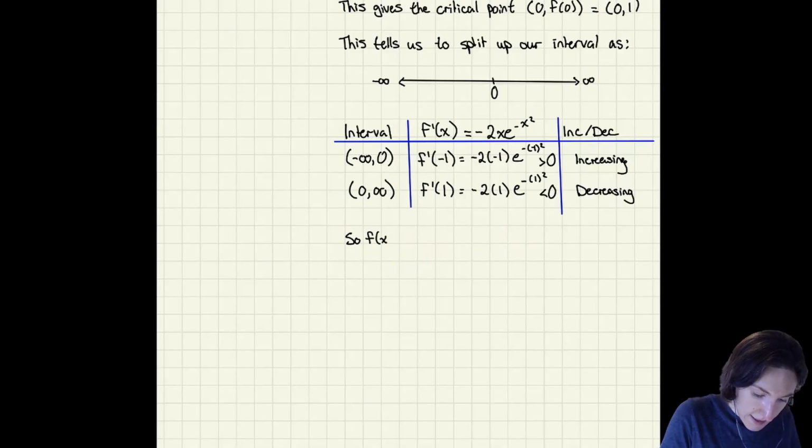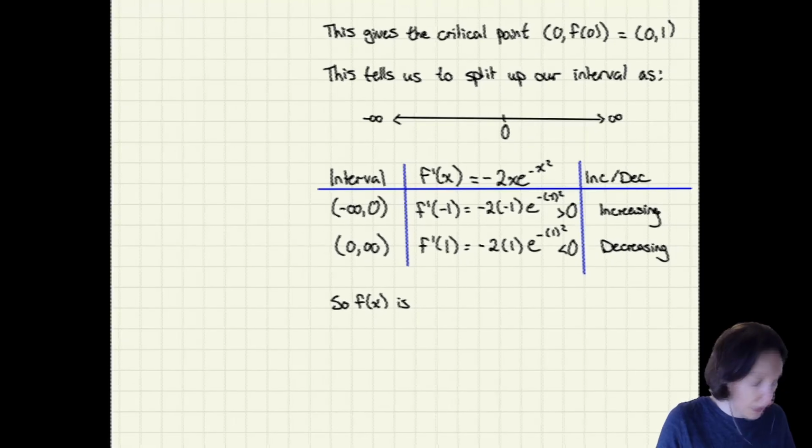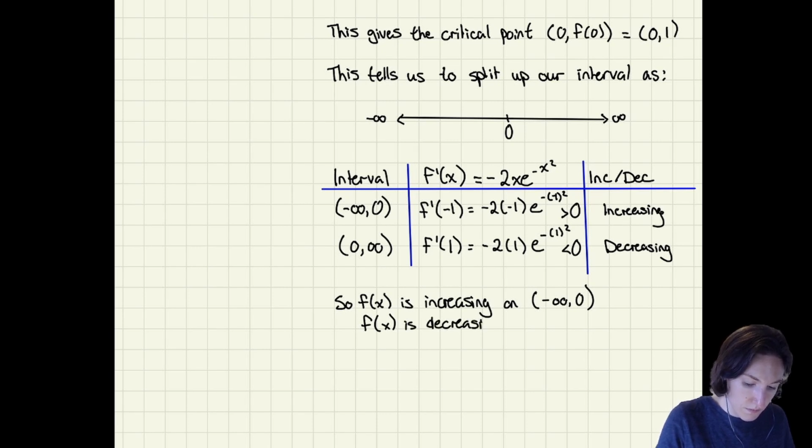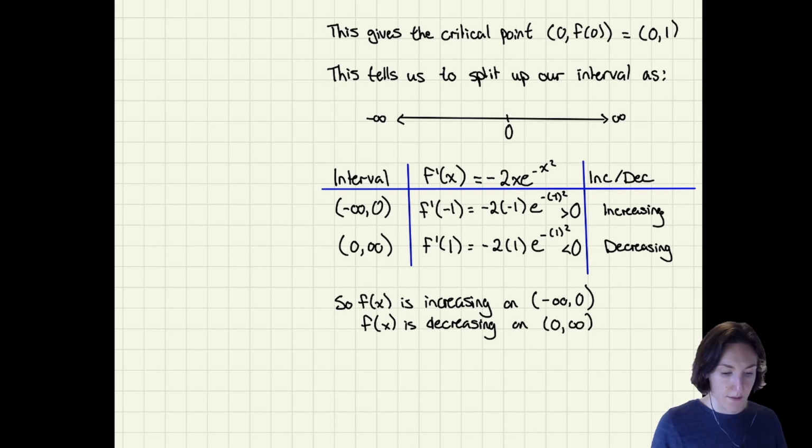So f of x, make it a tiny bit bigger. There we go. So f of x is increasing on negative infinity to 0, and f of x is decreasing on 0 to infinity.